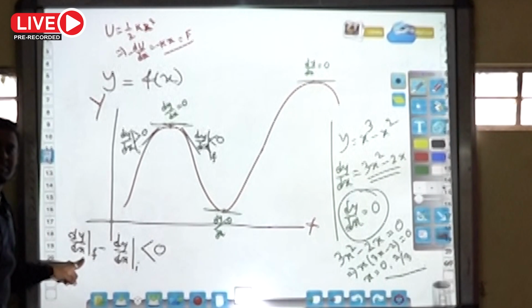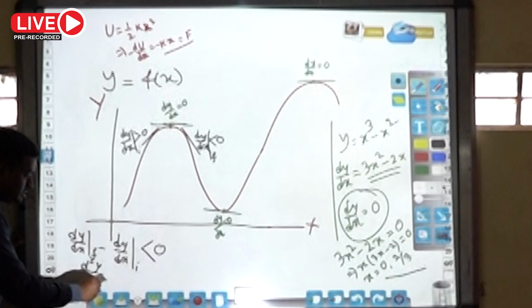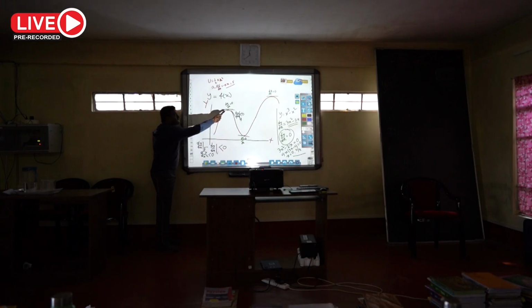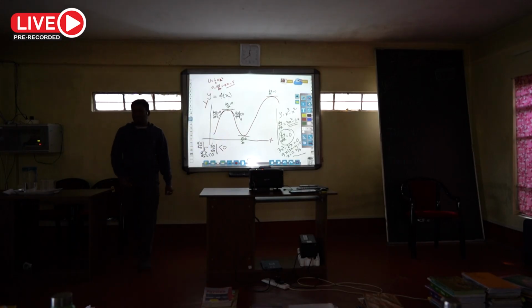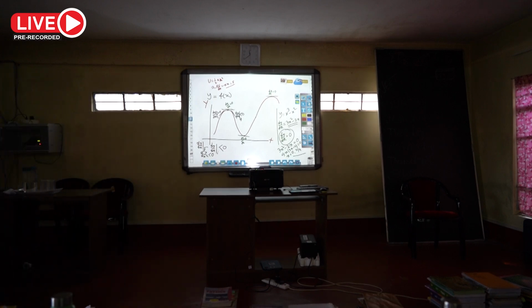Change in the first derivative means second derivative. So that's why we are saying that d2y dx2 is less than 0 near a maxima. dy dx itself means change in y with respect to x, and you are taking the change in the derivative. So change comes twice. So it is the second derivative.